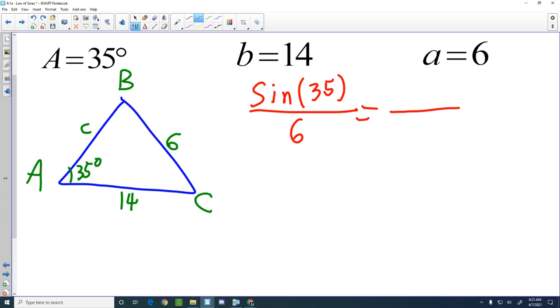My second fraction could be either the B's or the C's, but since I don't know any information about angle C or side C, I'm going to use B, because I know what side length B is. It's 14, and I'm going to solve for angle B.